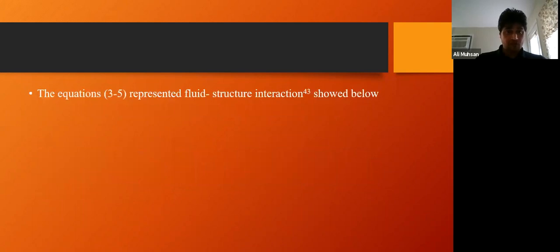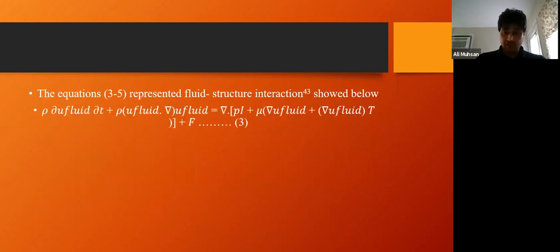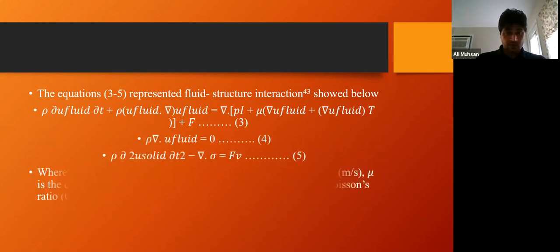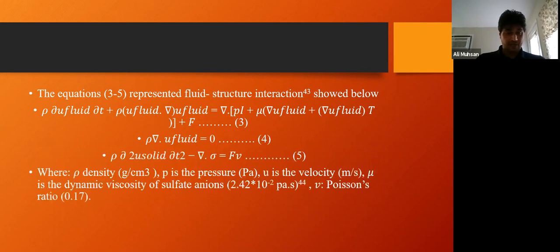Equations 3 to 5 represent the fluid structure interaction. Here we define parameters like rho, the density, u, the velocity of the sulfate anions, mu, the dynamic viscosity of the sulfate anions, and the Poisson ratio of graphite.